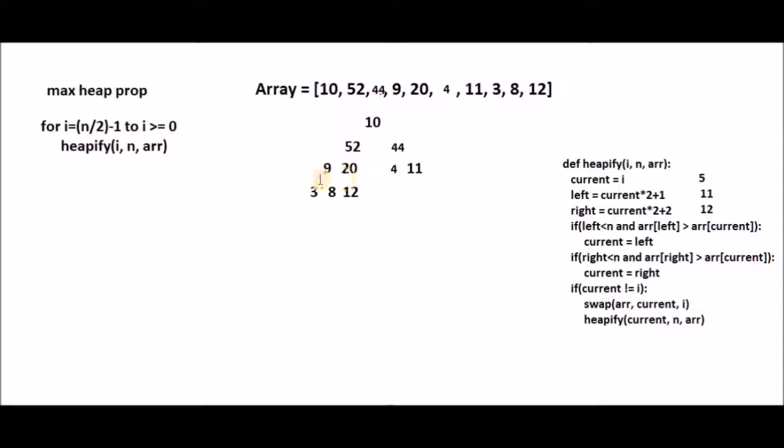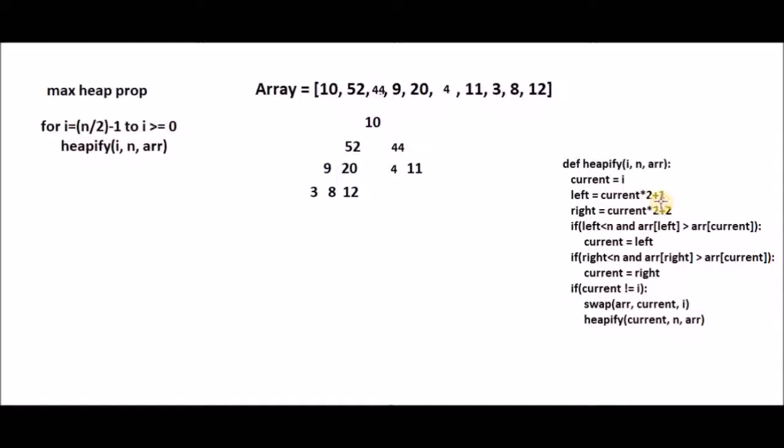Since here both the children are small, I go at the top. Again, none of these two work, so I go back at the top. Now I'm at root, and as you can see, we have 0, that is the current I, or current is 0.